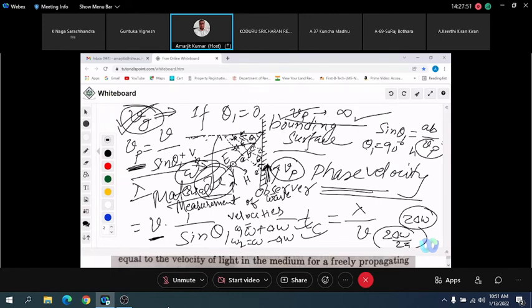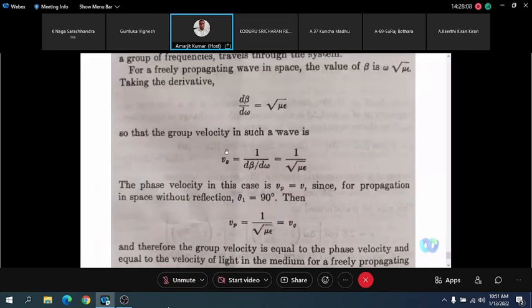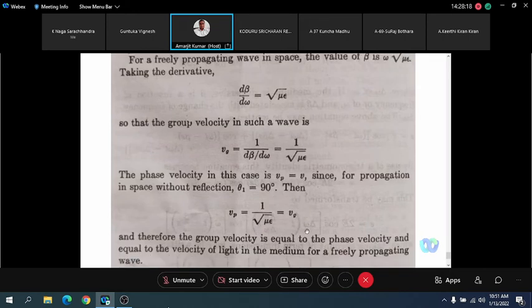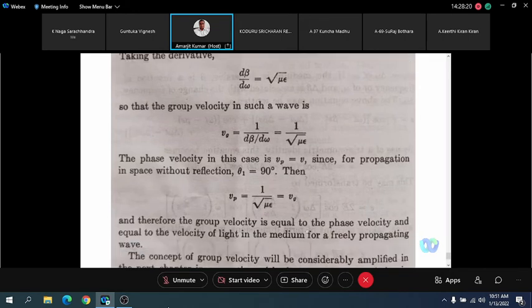In that case, the phase velocity will be equal to v upon sine 90 degrees. So v into 1 upon sine 90 will be equal to v. So the phase velocity will also be equal to v. Theta is 90 degrees. So basically the idea is that phase velocity and group velocity will be equal to the velocity of light for the free space medium.